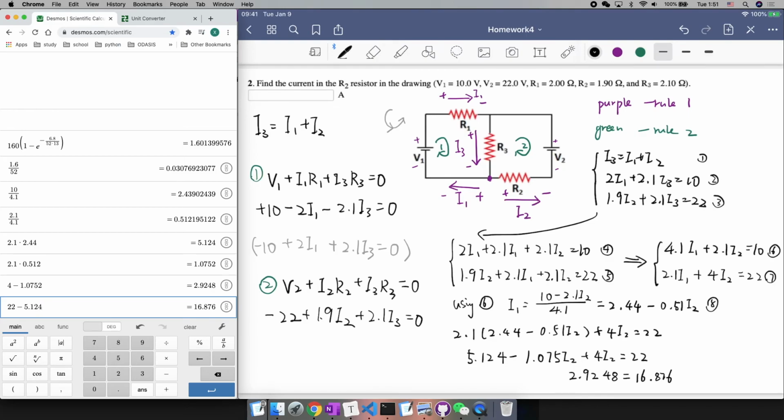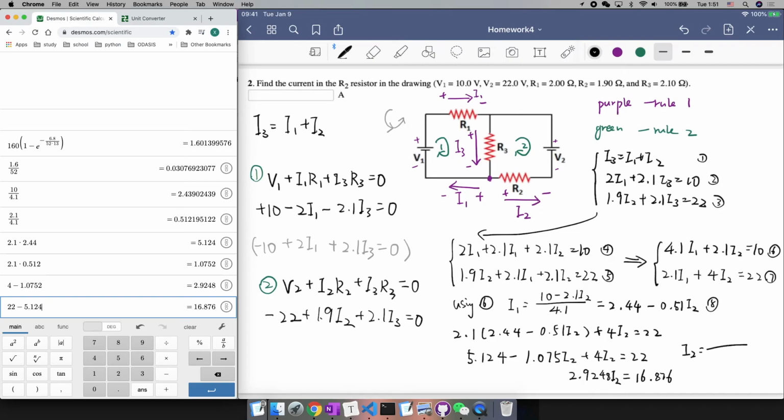Wait, where's I2? Oh, I forgot to write it. Oh my god, I'm losing my mind. I2 here. Right, okay. So final step.